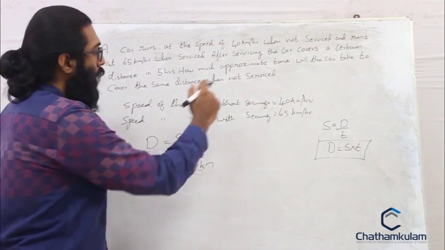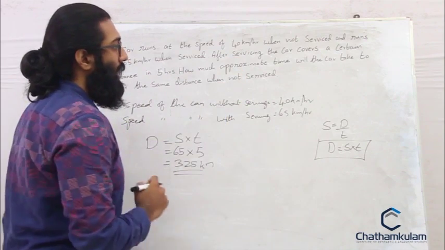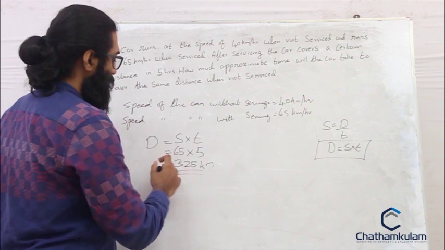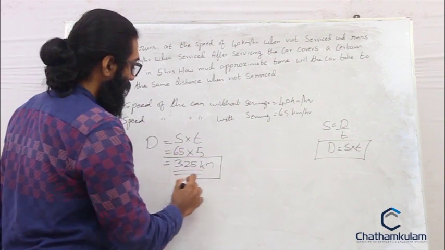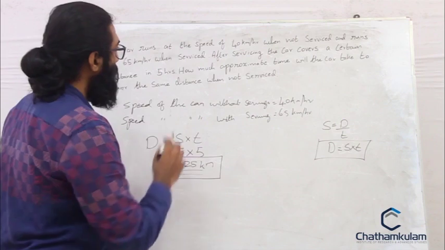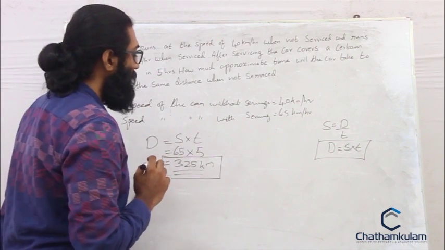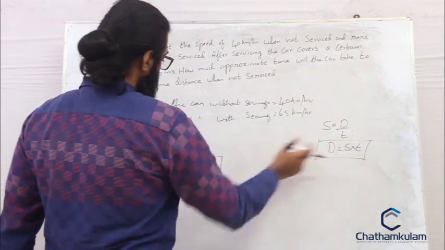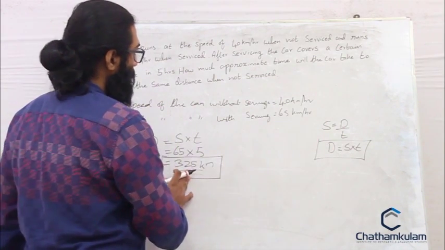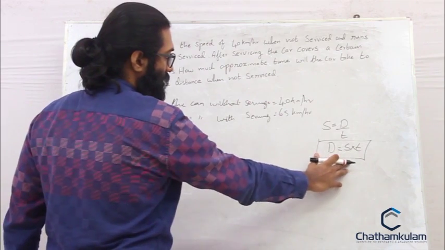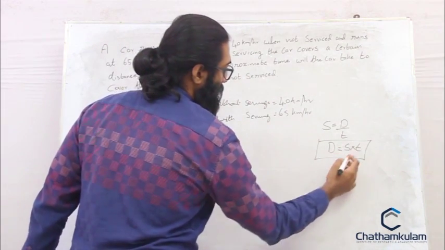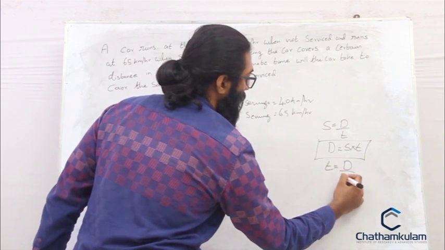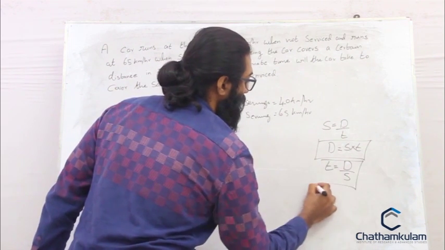So the question is, how much approximate time will the car take to cover the same distance when not serviced? So the question is, to cover 325 km without servicing, what would be the time taken? Okay, again we have the formula. The distance covered is 325 in the second case also, right? So again we use the same formula. By altering this, we have time taken will be equal to distance by speed, right?